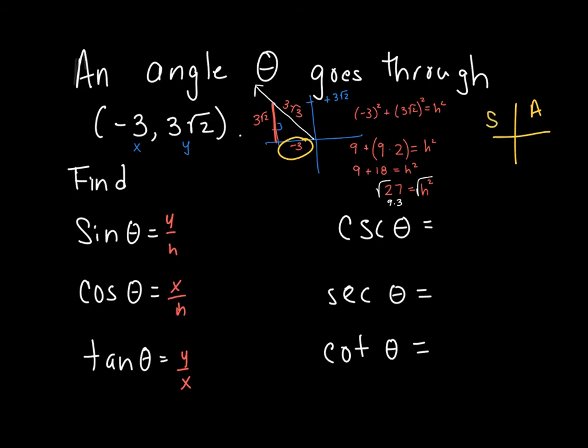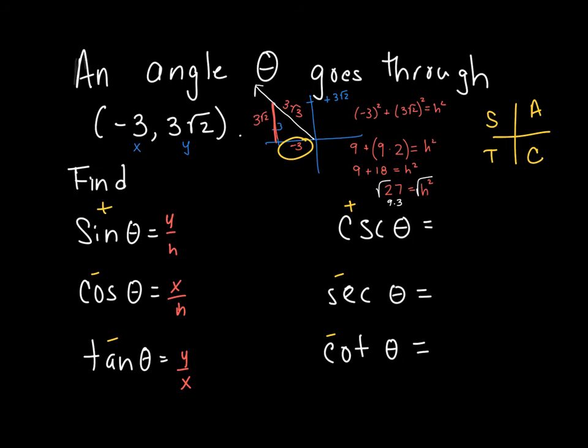Sine is positive in the second quadrant. So I know right away that the sine is positive, the cosecant is also positive, and every other value for the trig functions will be negative. So let's go through and find those.